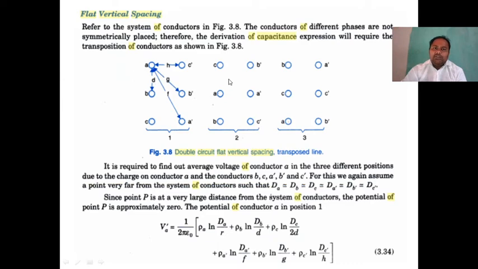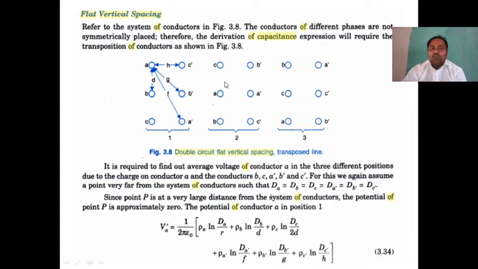From stage 1 to stage 2 also, conductor C to A has the same distance D. A to C dash is H, C to B dash also H. A to B dash is G. Here also C to A dash is G. Here A to A dash is F. Here also C to C dash is F. So the distances are the same.